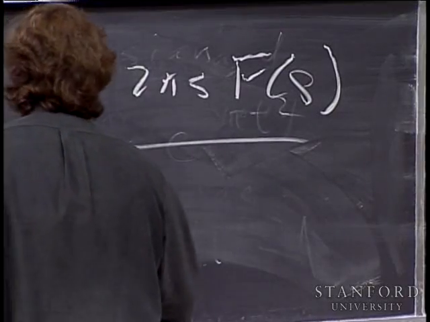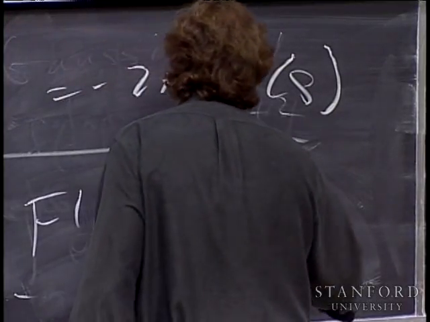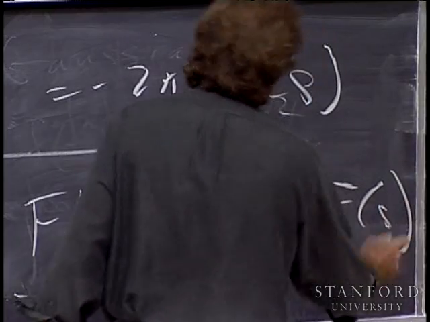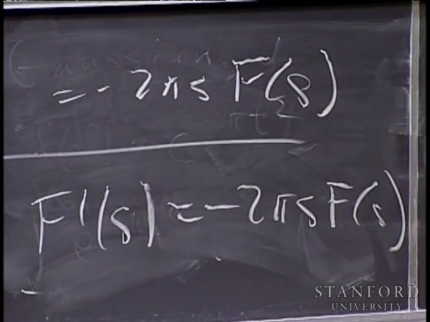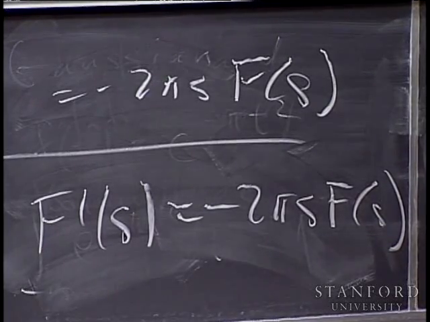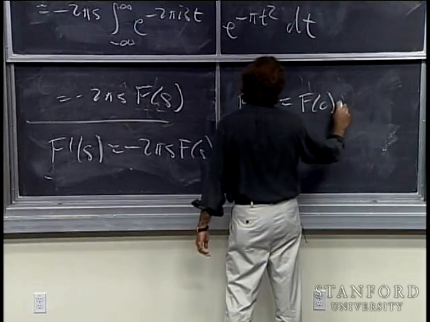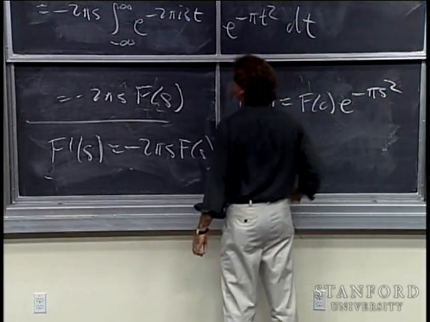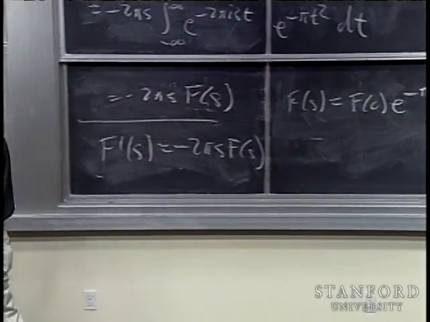I have F prime of s is equal to minus 2 pi s times F of s. Oh, but that's just a simple differential equation for F. So that says that F of s is equal to the initial value F of 0 times e to the minus pi s squared. That's the only solution to that baby.